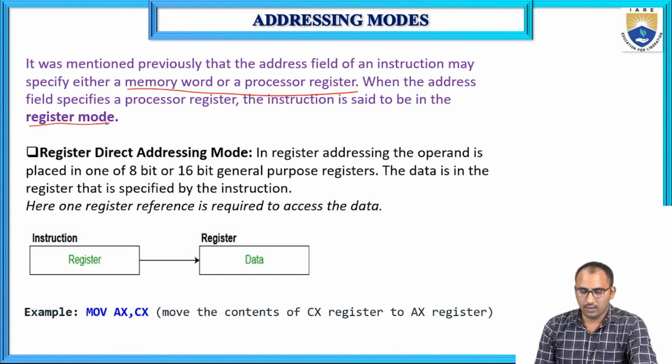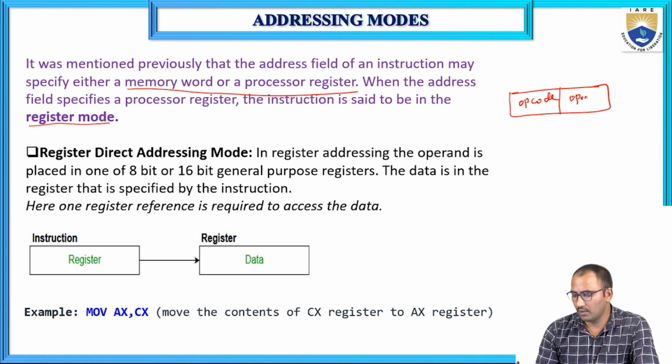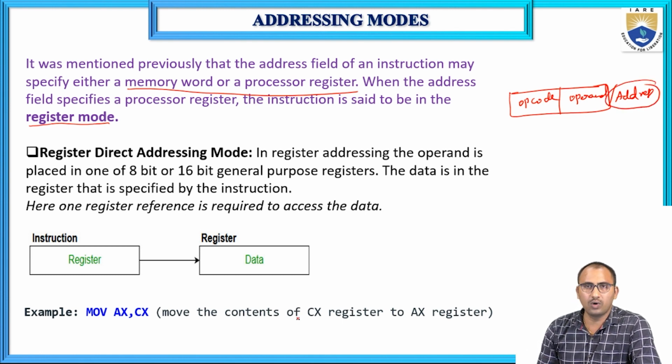We already know the instruction has two fields: one is the opcode, and the other is the operand or address field. If a register is specified in this address field, then that type of addressing mode is called register direct addressing mode, meaning the operand is specified in the register.